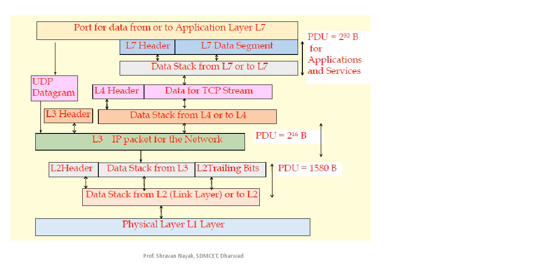And whenever data gets transmitted from one layer to another layer, what exactly are the different actions that take place, that also we have discussed in the previous presentation. So just a quick recall of that.